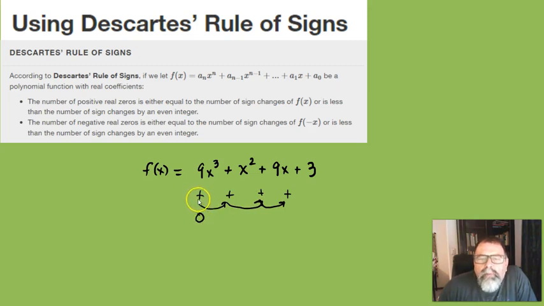So we're looking for flip-flops from positive to negative. Since there's 0 sign changes, this rule tells me there's 0 positive real zeros. So if there are going to be some real zeros, they have to be negative.